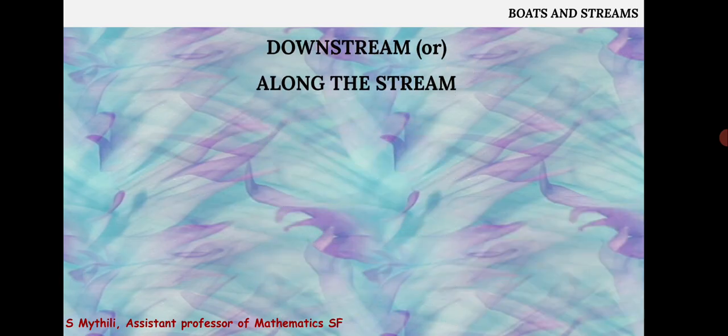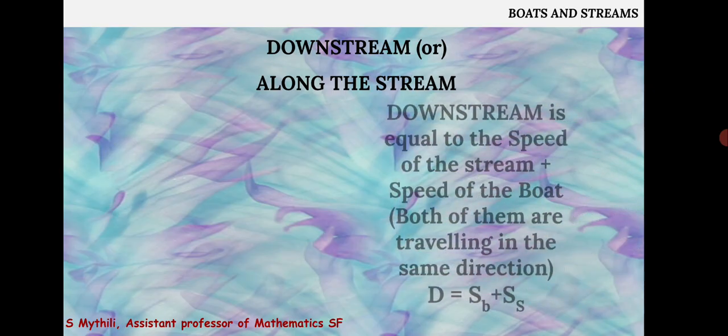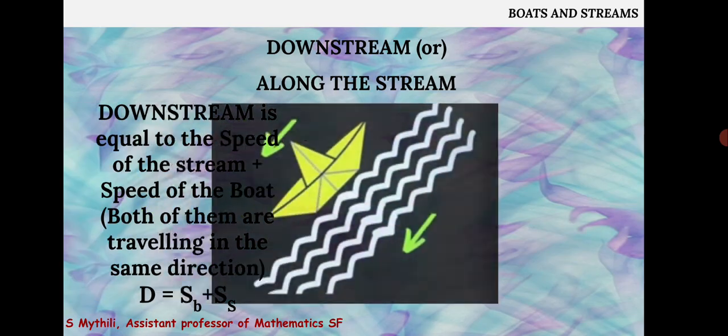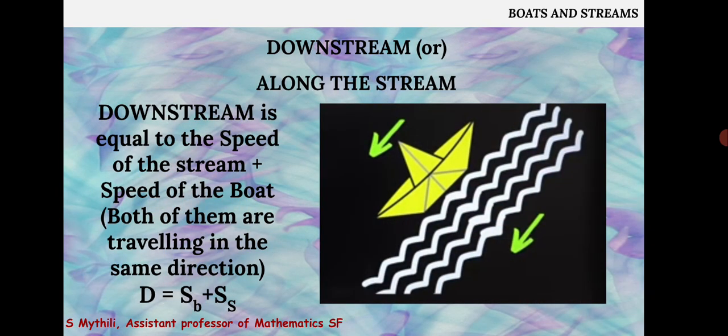The next important thing is downstream or along the stream. Both have the same meaning. Look at the diagram here. Water is flowing downwards and the boat is also traveling downwards. So this is speed of boat SB and this is speed of current SS.